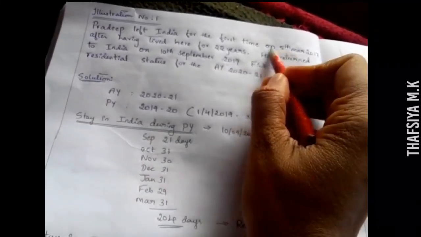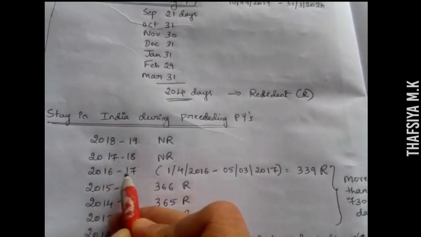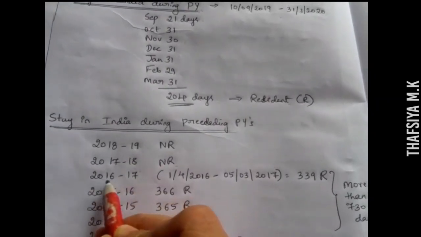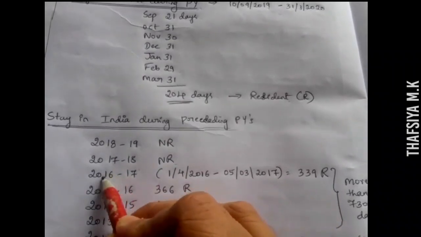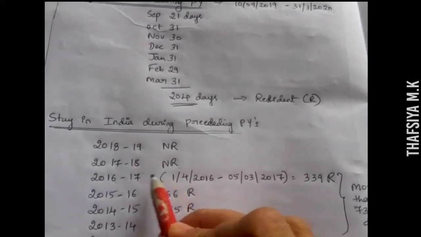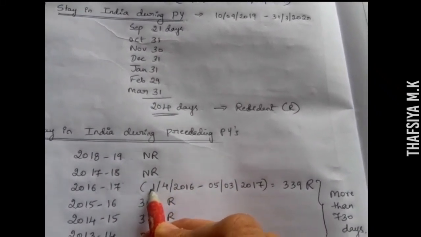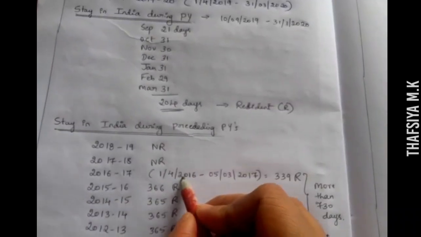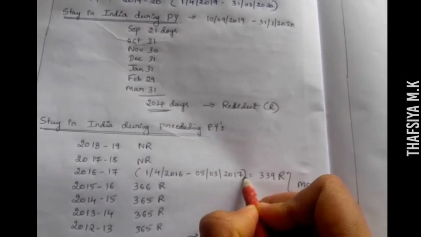He left India for the first time on 5th March 2017. So that 5th March 2017 comes here. This year starts from 1st April 2016. 1st April 2016 to 31st March 2017 is this year. So here he was resident in India from 1st April 2016 till 5th March 2017. He was staying in India.